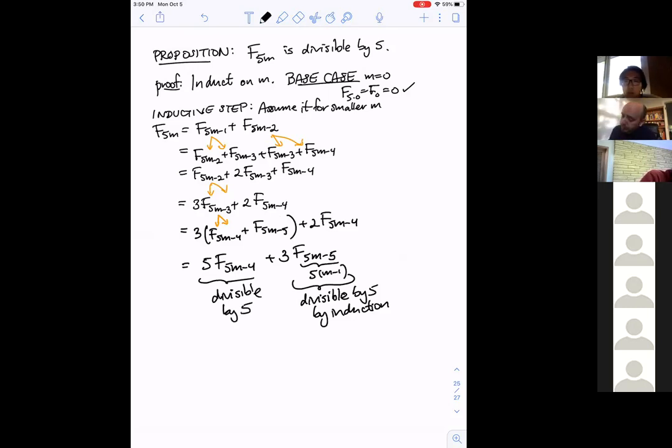And so we're done. And if you add two things that are multiples of 5, divisible by 5, they'll be divisible by 5. Everybody see how that worked? Question?